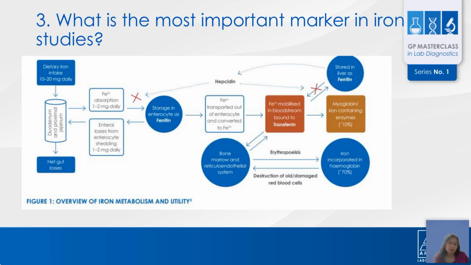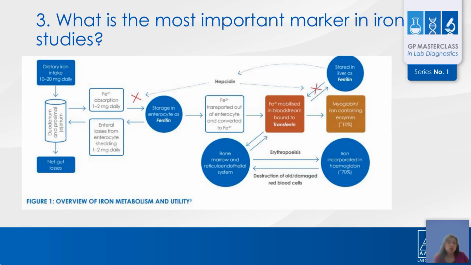So the various markers that reflect the body's iron status are affected by conditions other than those related to iron deficiency or iron overload. These include gender, age, inflammation, infection, smoking, and ongoing disease processes.